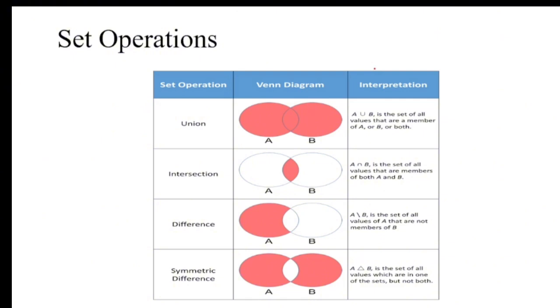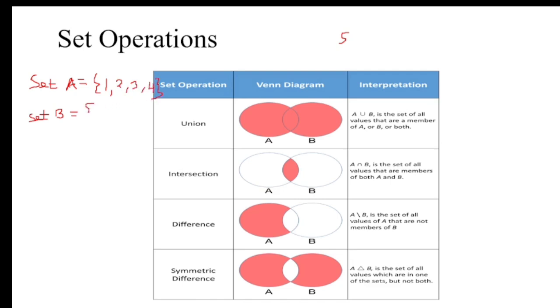Here we're going to use two example sets. Let me say we have set A, with the values 1, 2, 3, 4.